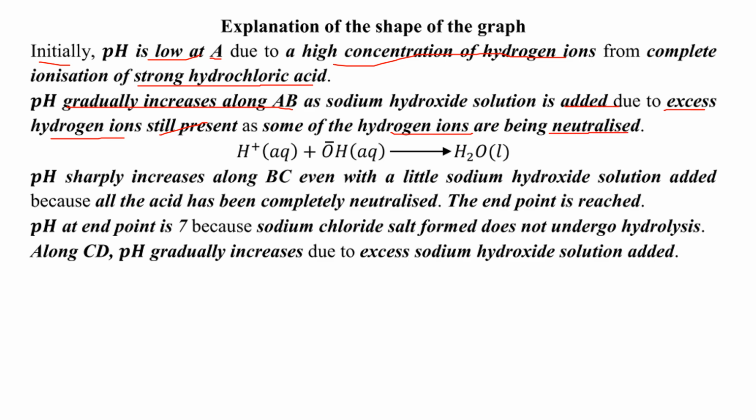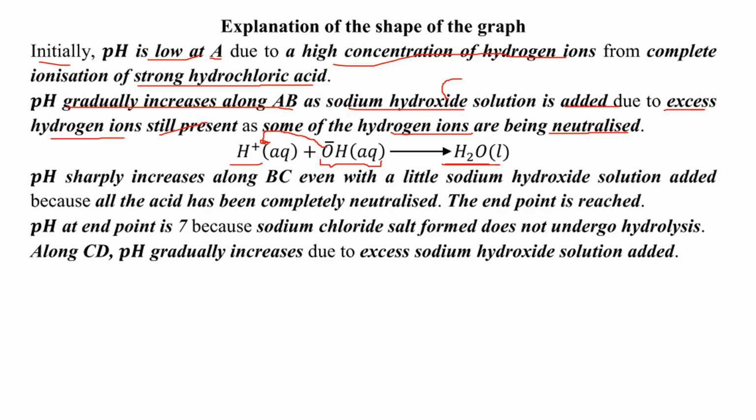So as we are adding a little sodium hydroxide solution, the sodium hydroxide is going to be offering hydroxide ions, but they are going to be present in small amounts because we have only added a little volume of sodium hydroxide. So since hydrogen ions are present in excess, just a few hydroxide ions in solution are going to react with some of the excess hydrogen ions, neutralizing them to form water.